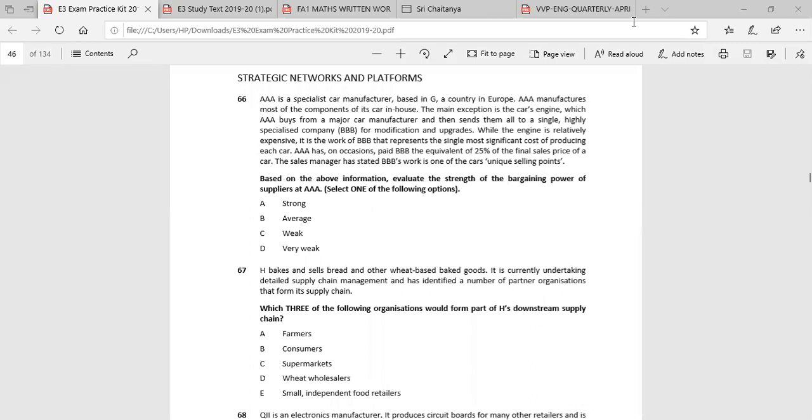The bargaining power of suppliers is strong. Is it strong?